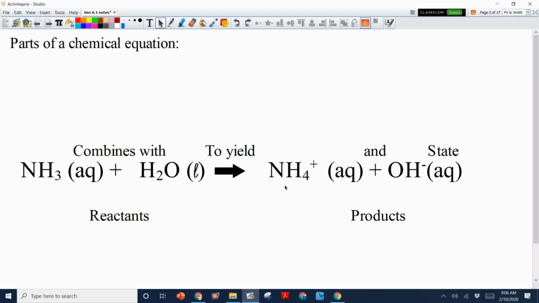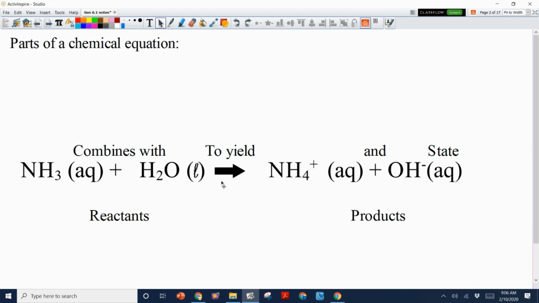That's an ammonium ion, and it's aqueous. Then this second plus sign is read as "and." OH- is the hydroxide ion, and that's also aqueous. So this whole thing reads: ammonia combines with water to yield ammonium ion and hydroxide ion.